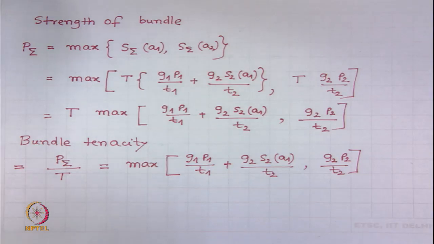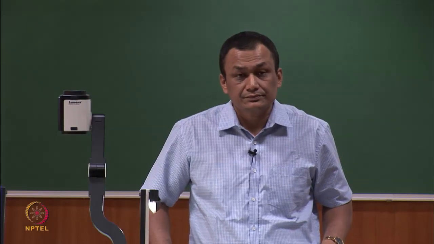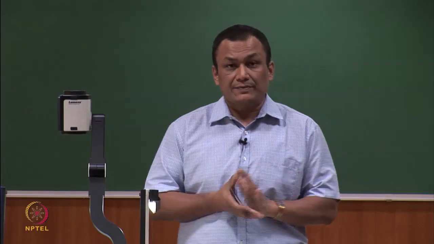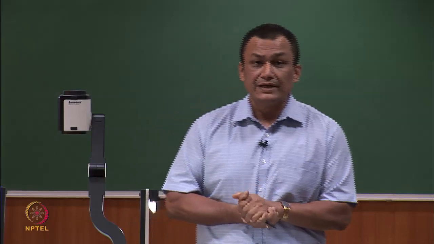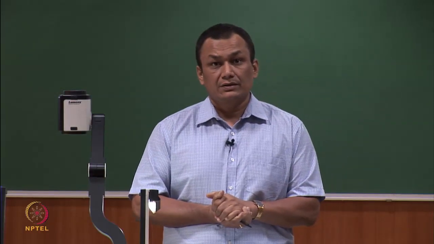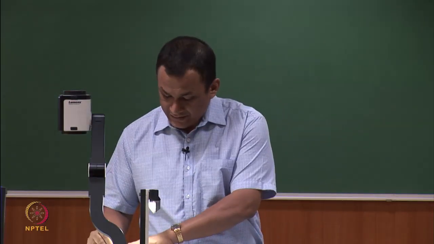This will be the expression for bundle tenacity. So, this is about the strength of the bundle. What about the breaking strain of the bundle? Now, we will discuss that.